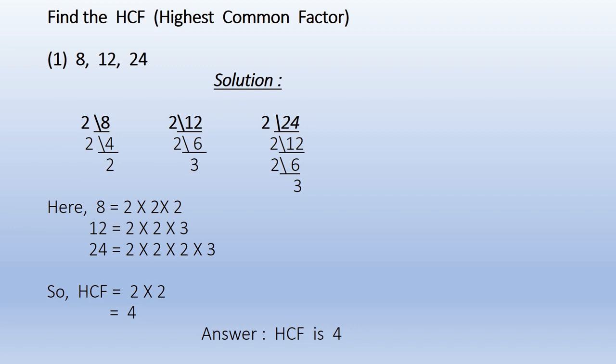Here 2 is a common factor of these three numbers, and in the second step also 2 is a common factor of these three numbers. But other digits are not common to all three numbers. That means our common digits are 2 multiplied by 2. So our highest common factor, HCF, is 4.